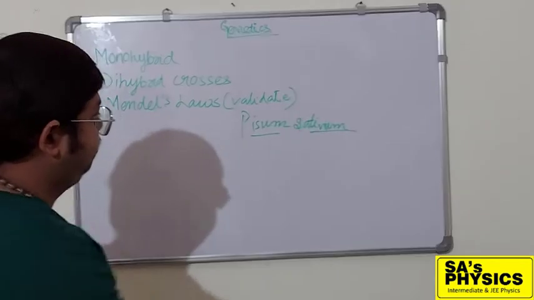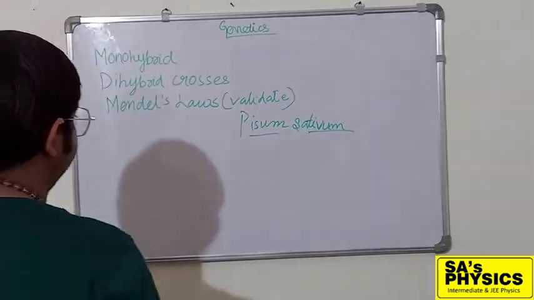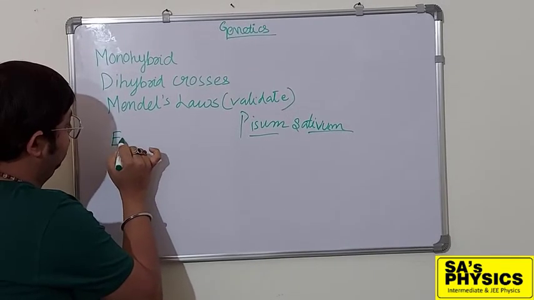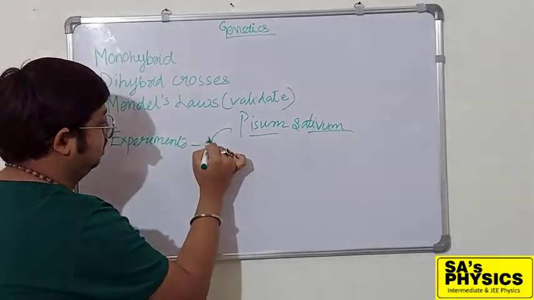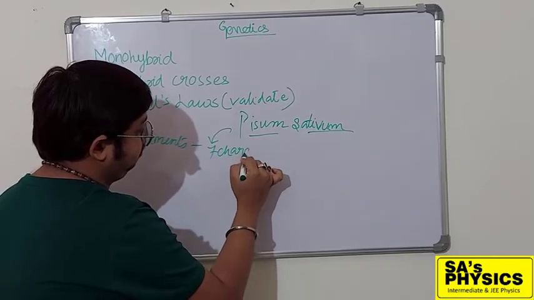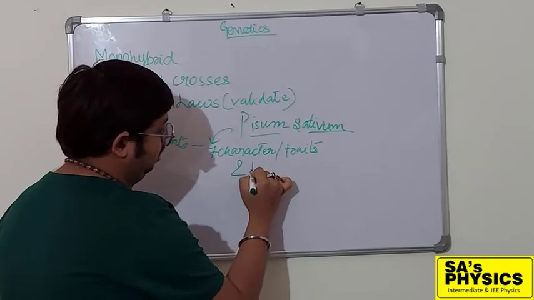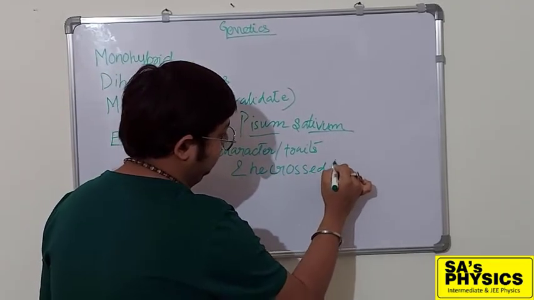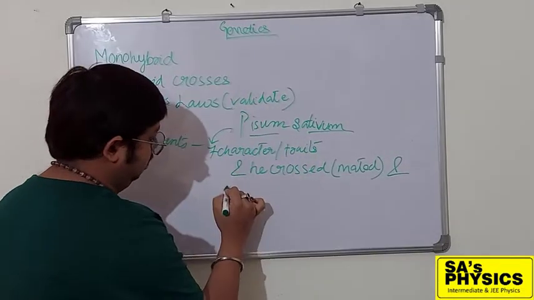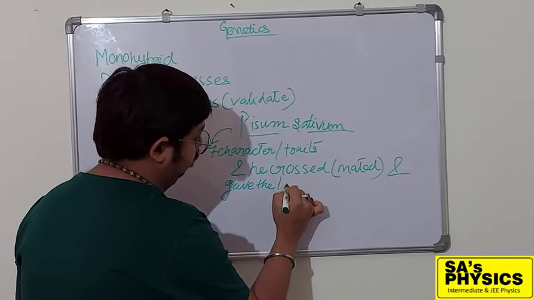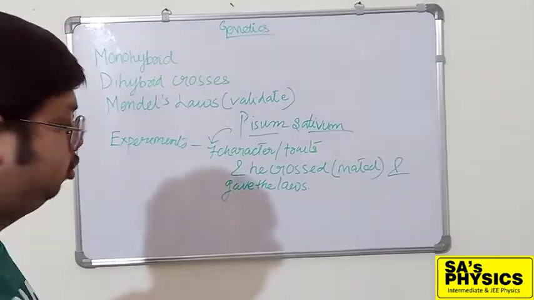And he made some particular observations, and after making those observations, he did some experiments where he took this plant and he took 7 characters or traits and he crossed the plants as in mated and gave the laws, right?